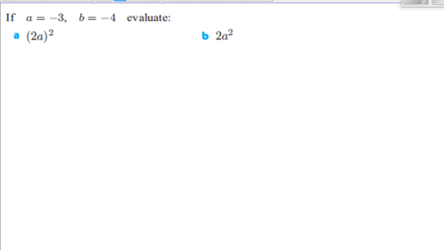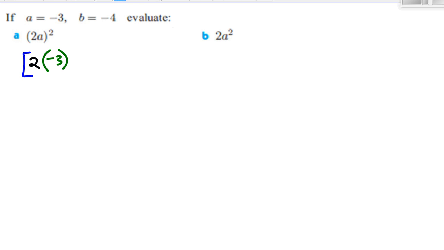Okay, here is another example. 2a squared. So what I'll do here, before I substitute, these brackets, I'll draw them that way, just to avoid the confusion here. And then I have 2. Then I'll use these brackets to substitute whatever a is. So a is negative 3.